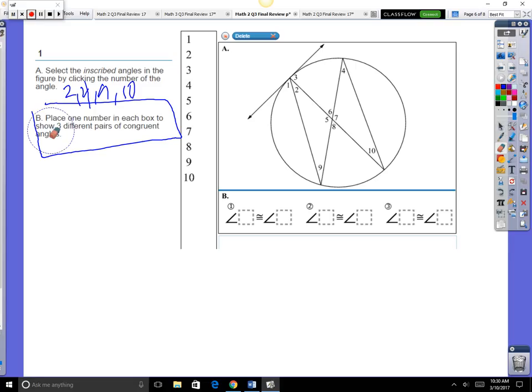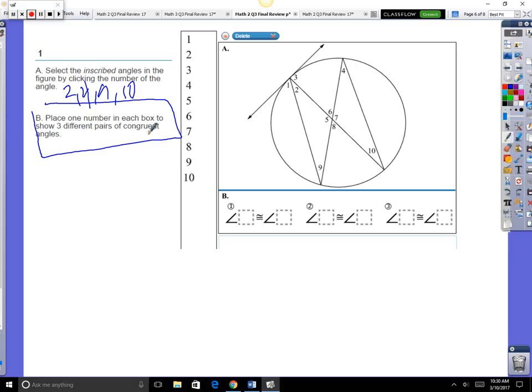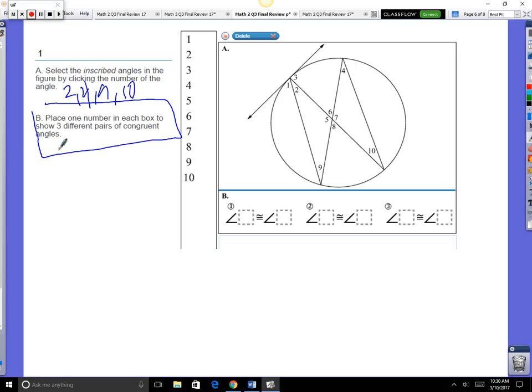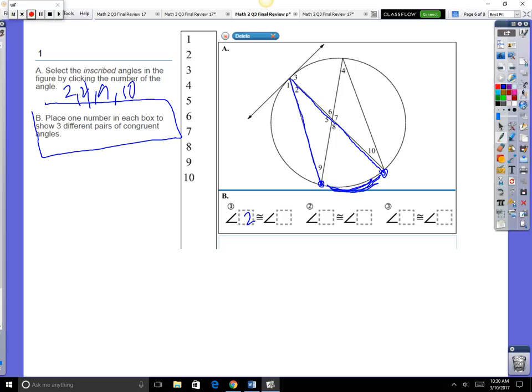Now, part B. Place one number in each box to show 3 pairs of congruent angles. So you're going to drop a 2 there, angle 2, because angle 2 makes this arc right here. But so does angle 4.